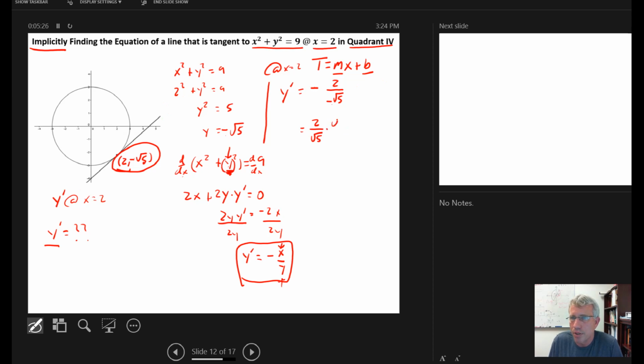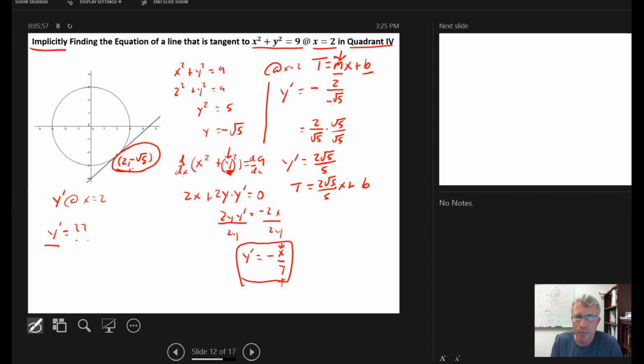And you might want to consider rationalizing the denominator. We don't have to, but you might want to consider doing it. So if we do that, we get 2 square root of 5 over 5. So there's y prime when x equals 2 in quadrant 4, and the derivative is the slope of the line. So you replace the slope m with 2 root 5 over 5 in y equals mx plus b, so 2 root 5 over 5 times x plus b.